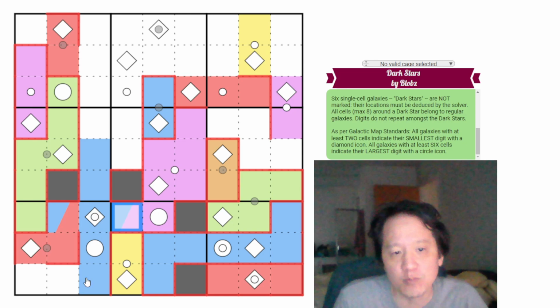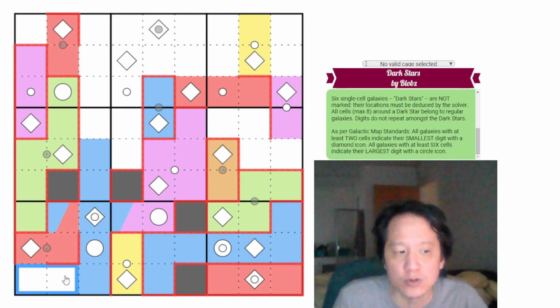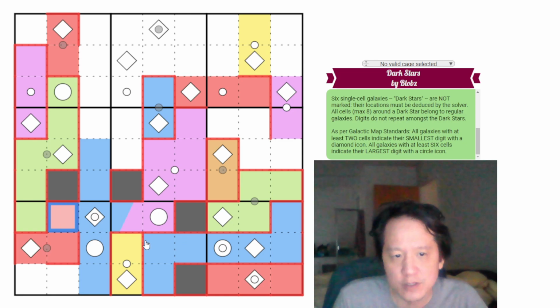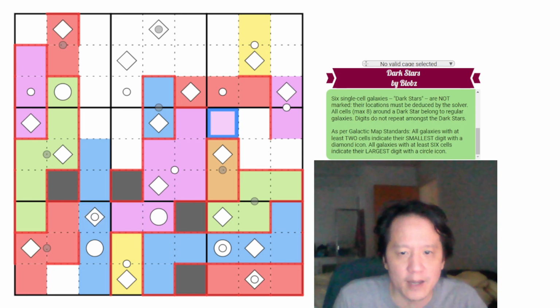That would have to be blue, but then neither of these can be blue, and then you would have 2 dark stars next to each other. Therefore, this cannot be blue. This has to be the red. This has to be red. And because of that, this cannot be blue. So it has to be purple, which makes that purple. So therefore, this has to be the blue, and this has to be blue.